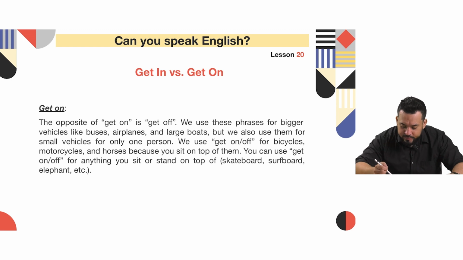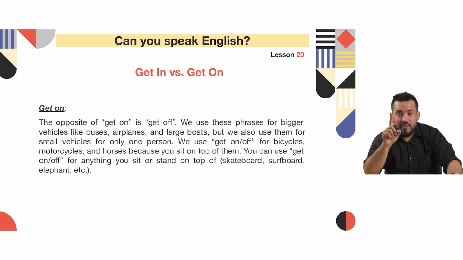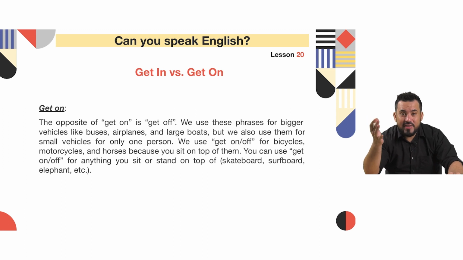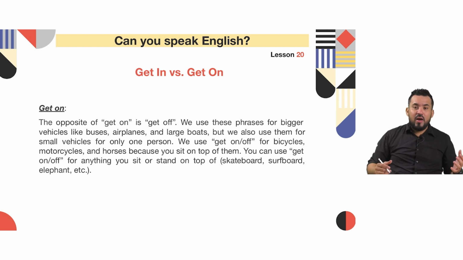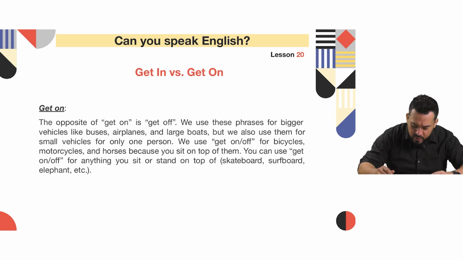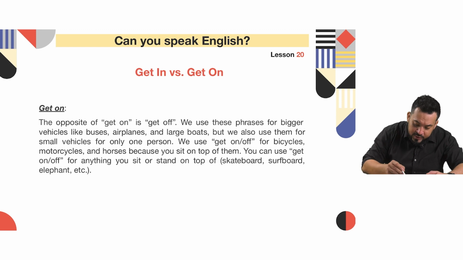Now, we can also use get on for a one-man vehicle, like a bicycle or a motorcycle. You get on the bike or you get off the bike. You get on the motorcycle, you get off the motorcycle. A one passenger thing, a one rider thing. So get on is the opposite of get off.